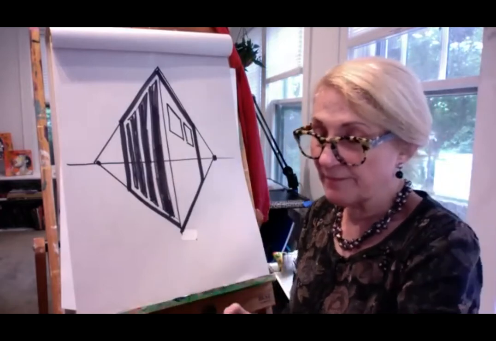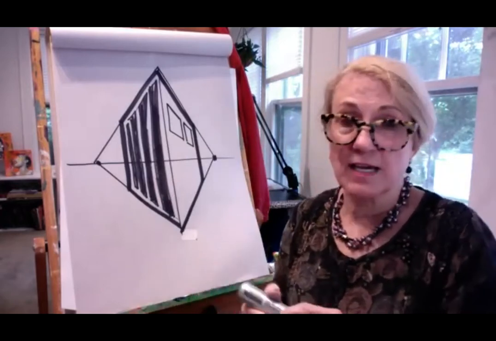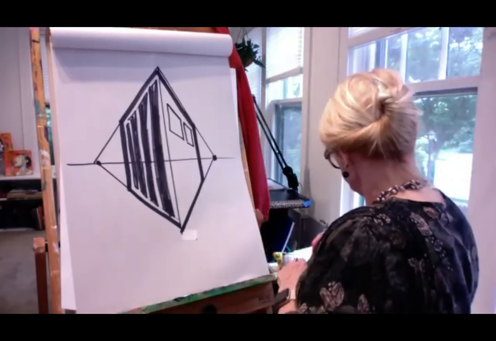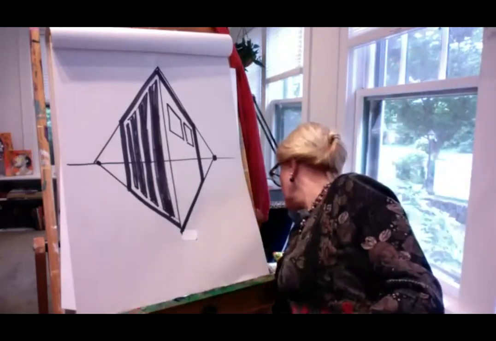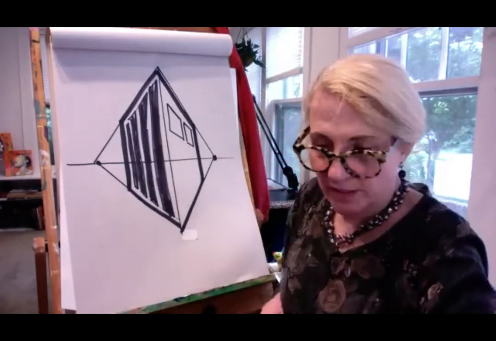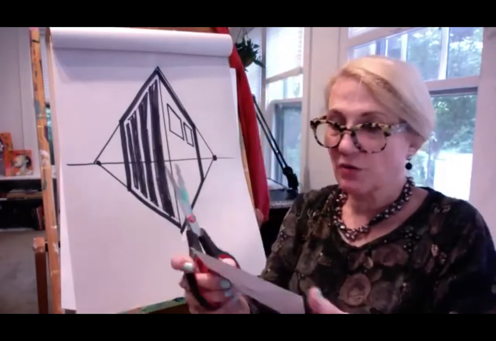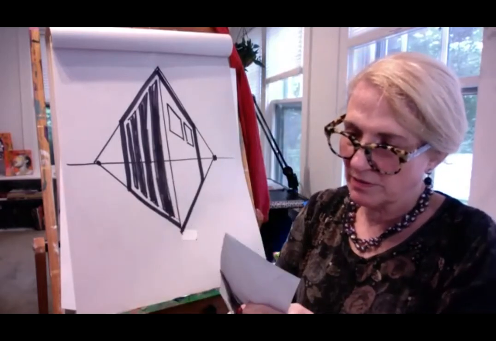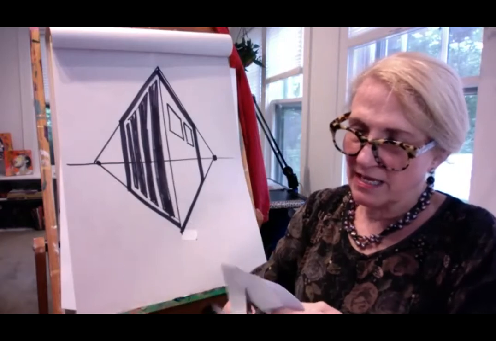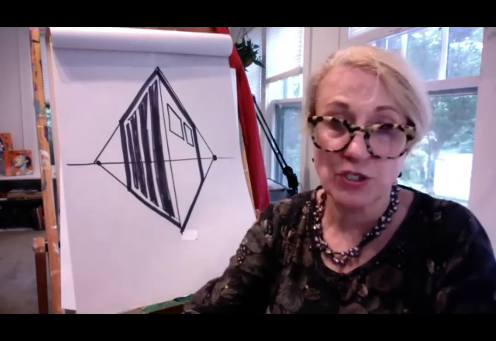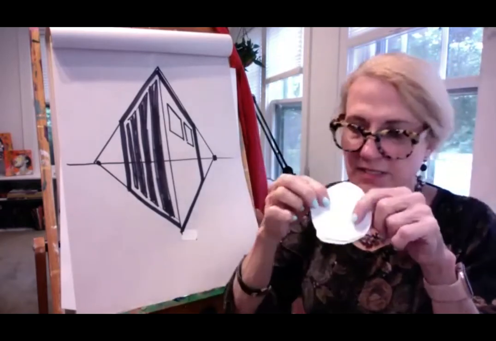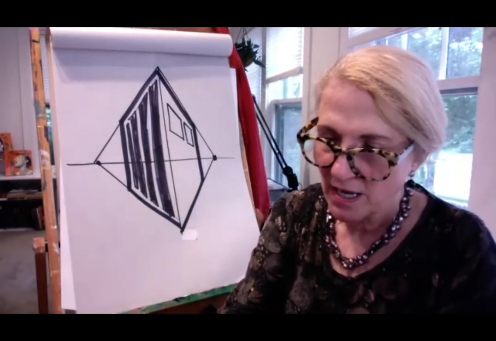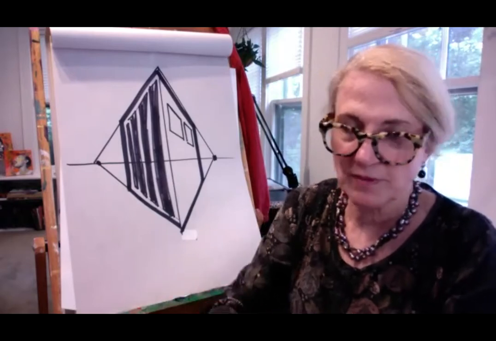Now, when we deal with circular shapes, I'm going to cut a circle with a piece of paper to show you. The same kind of foreshortening and distortion happens. Well, this isn't exactly a perfect circle by any means, because it was two pieces of paper.